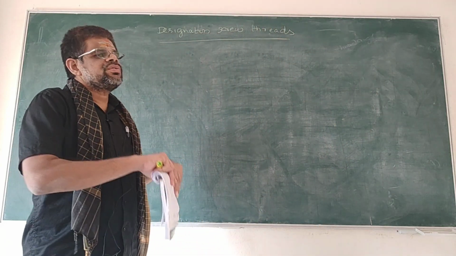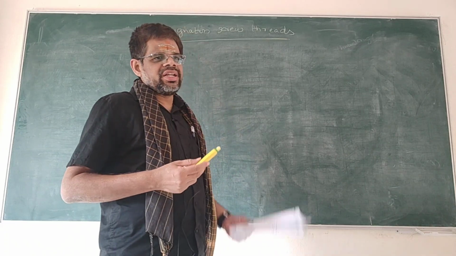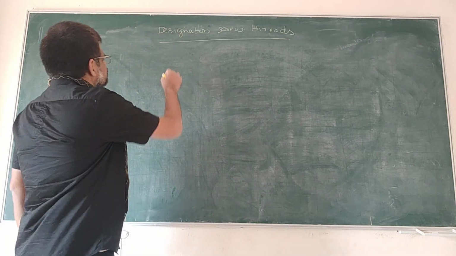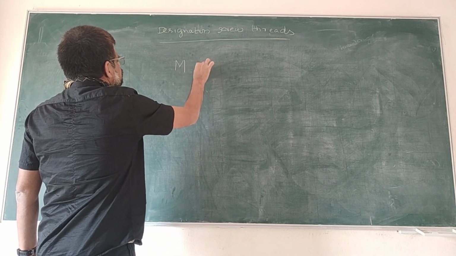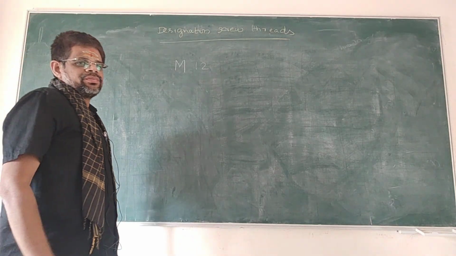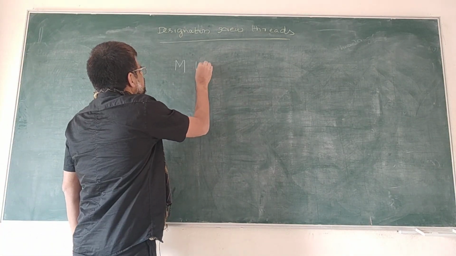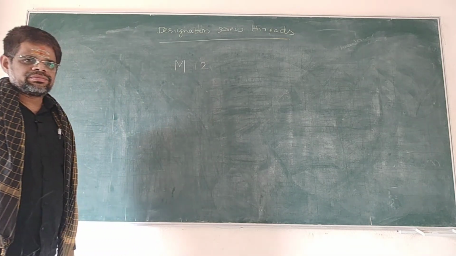Okay, so the usual designation of bolted joints is, for example, M12. So M12 is the standard notation. M is the common word which means metric threads.